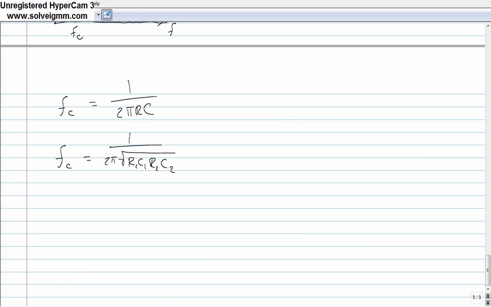Everything stays the same, even the design for the second order filters. You just take a high-pass filter and you tack on another high-pass filter. And there you have it. So that's high-pass filters.